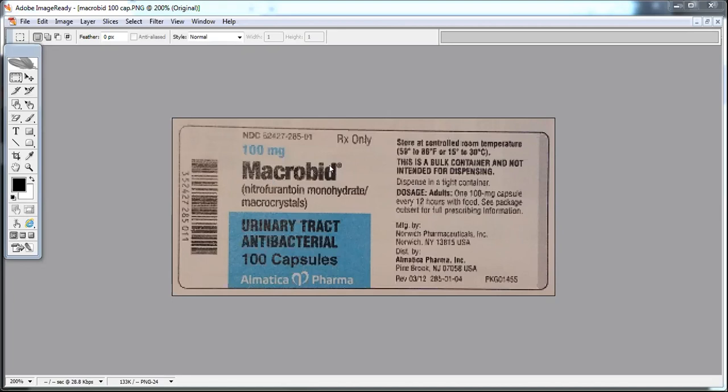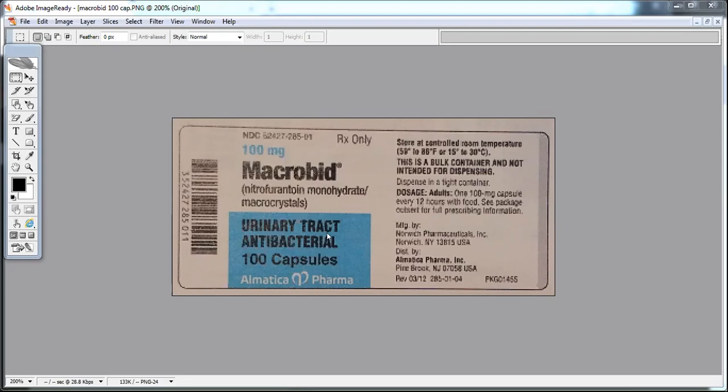It will be this, Macrobid, and then the generic name would be the words in between the parentheses, which is nitrofurantoin monohydrate macrocrystals. And then it's asking for the dosage form. So the dosage form is capsules.